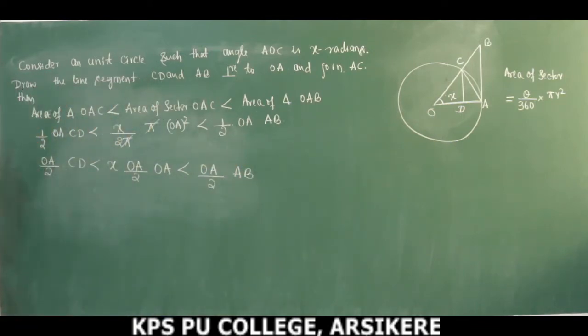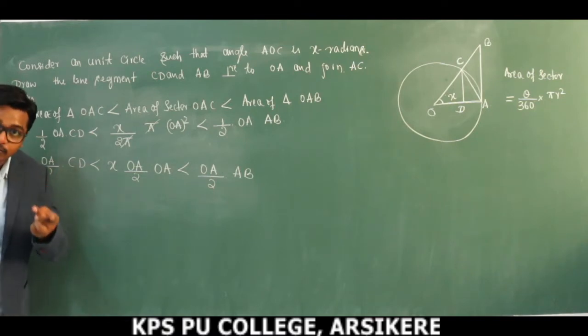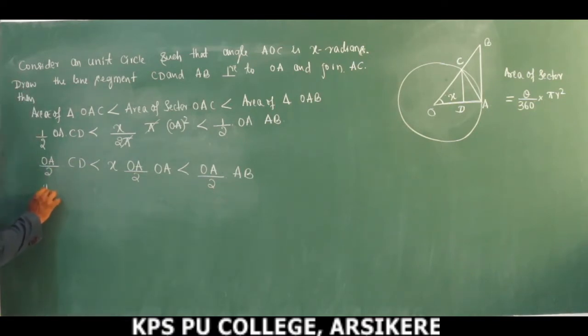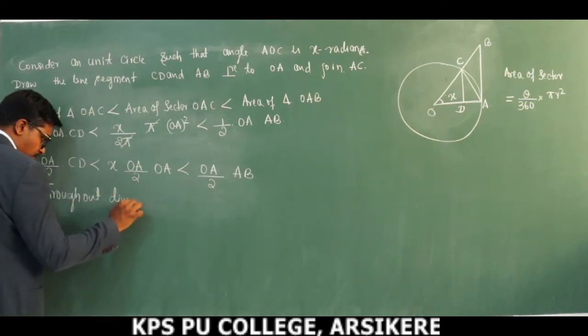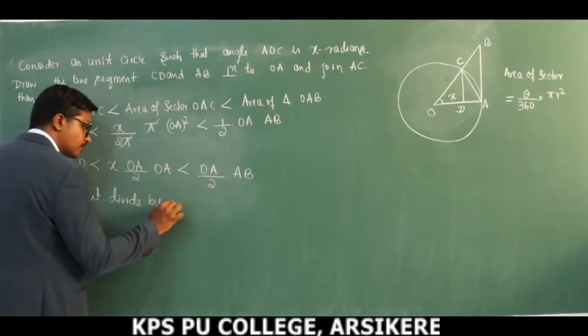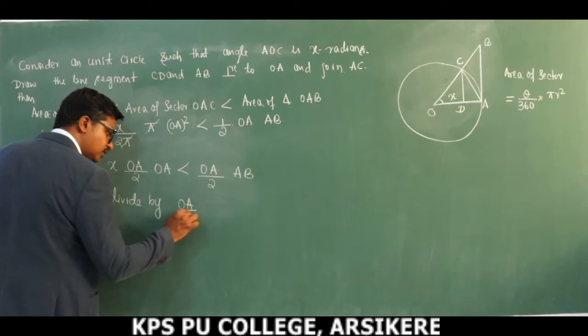Just observe in this inequality, OA divided by 2 is common, right? Then how to eliminate this term? OA by 2 is multiplied with all the terms, that's why we have to divide throughout by OA divided by 2.